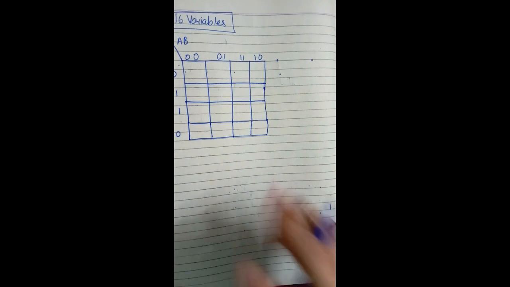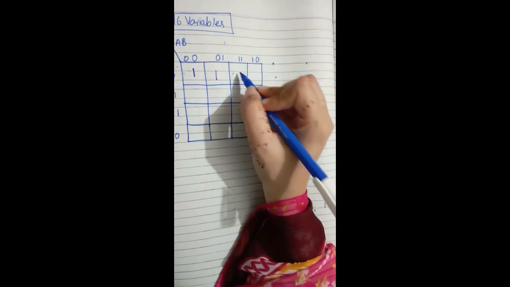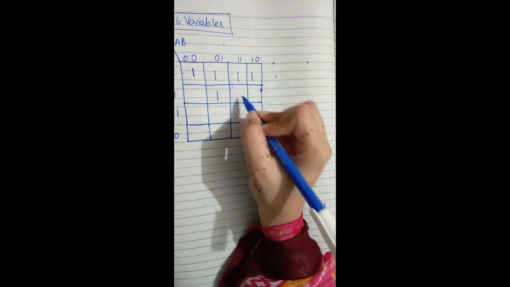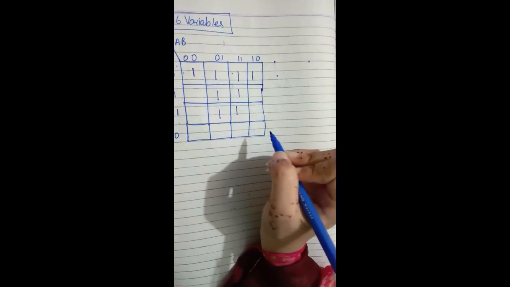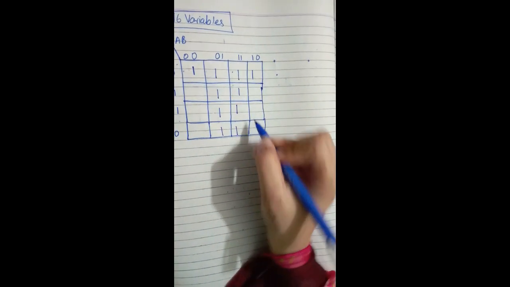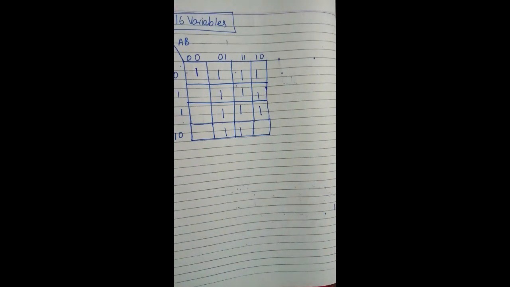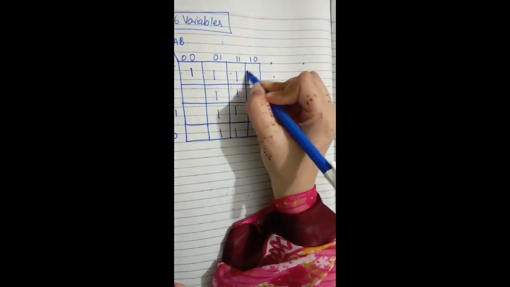Now I will do it again. This is the 1, 1, 1, 1. Okay, and now I will make these groups. See carefully. The first group says this is the group 1.